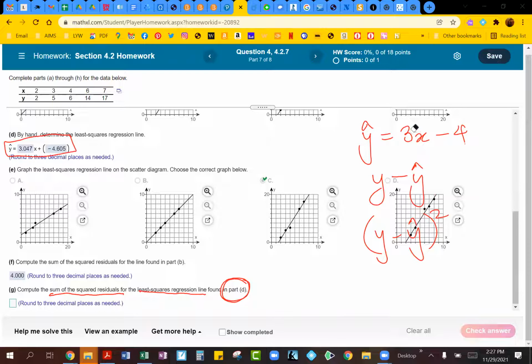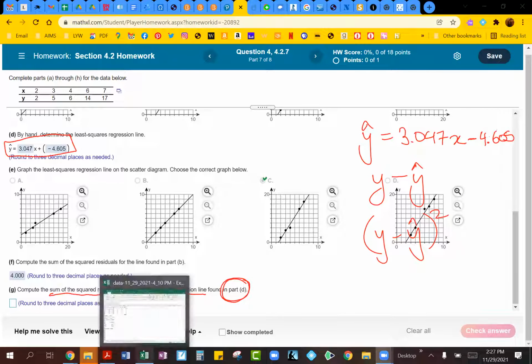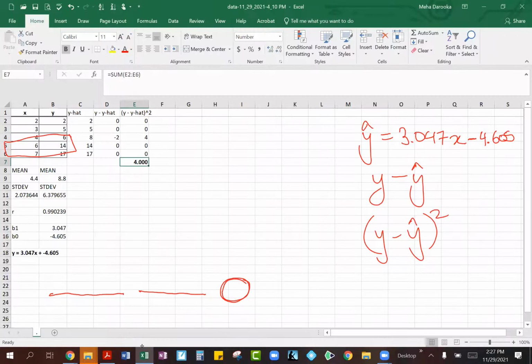So literally, we're just going to change this part of the equation and do 3.047 times x minus 4.605. And again, guys, you will see, when we do this with Excel, it makes our calculations go a lot faster than having to do this by hand. So I'm just going to copy this over and repeat the calculation.